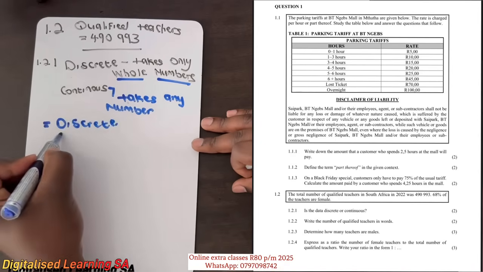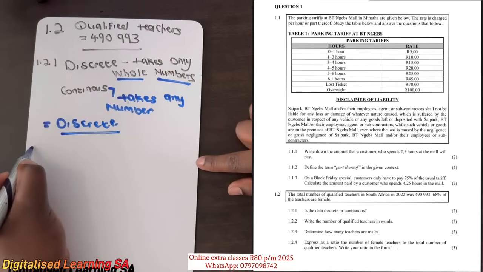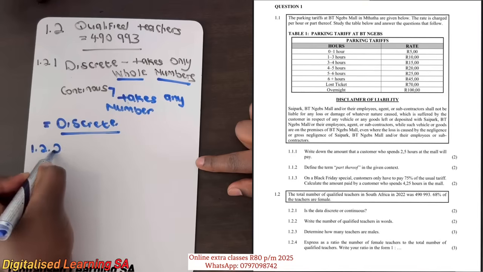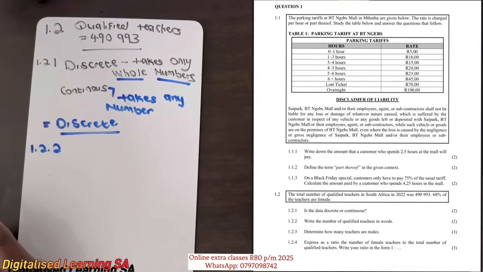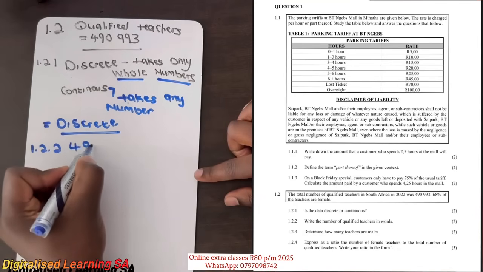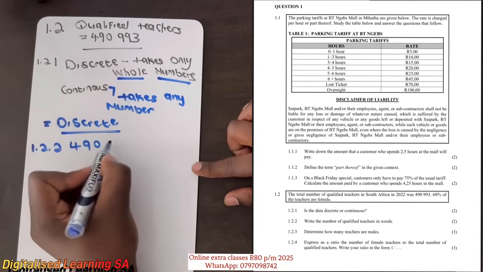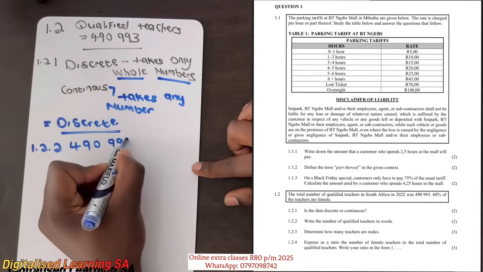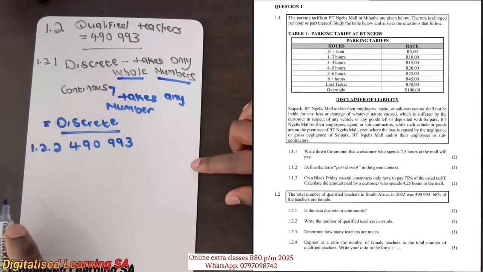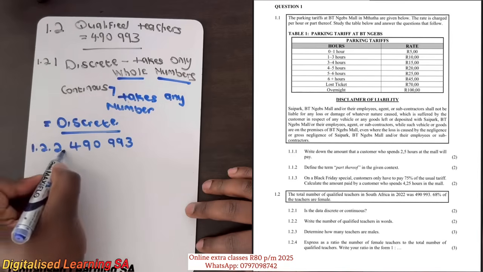Okay, so now let's move to question 1.2.2. So question 1.2.2 says that write the number of qualified teachers in words. What does that mean? It means that we are writing this number, which is 490,993. We have to write it in words. Okay, so let's go ahead and do that.